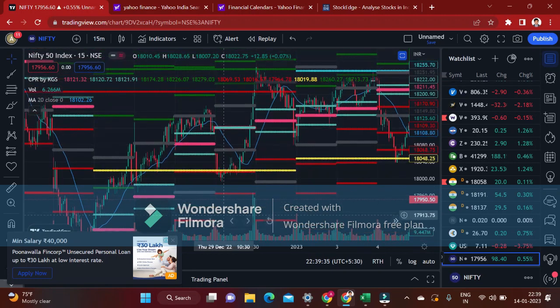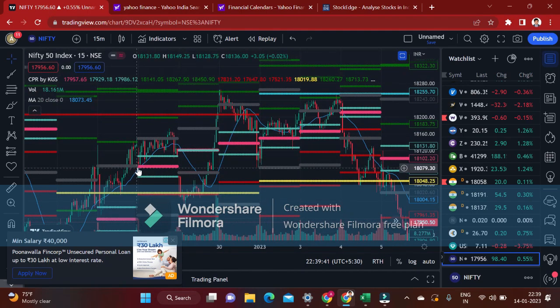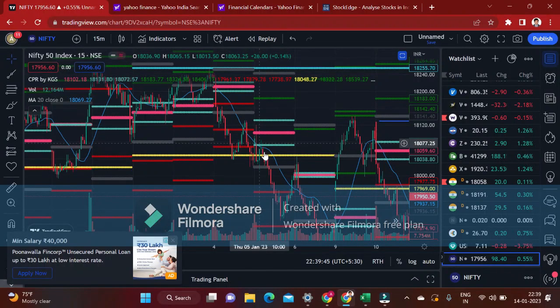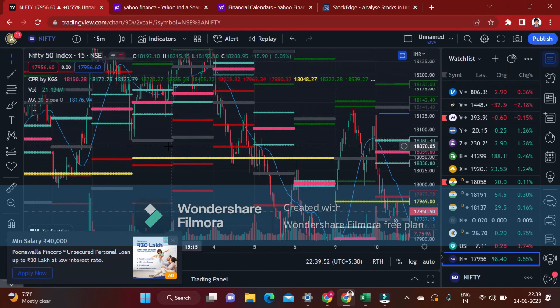If the market started going up, and again started going up, this is called an uptrend market. And one more thing, if the CPR is very wide, the market is likely to be sideways that day.